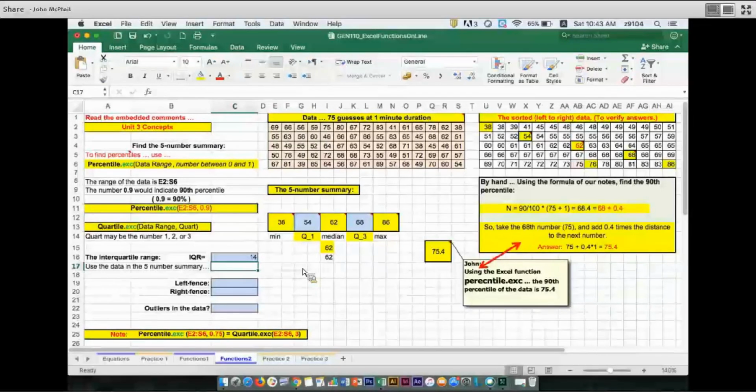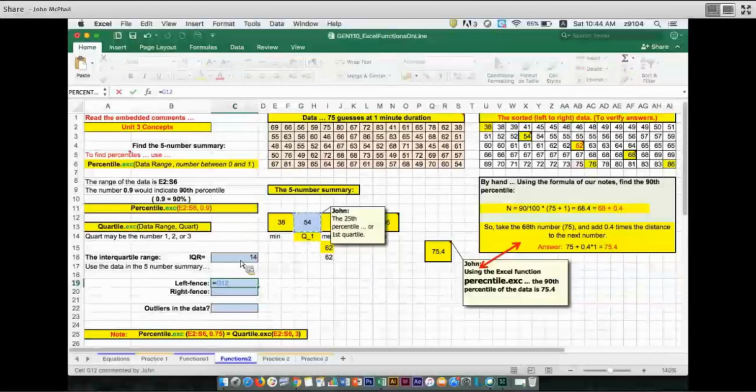The left-hand whisker starts at the first quartile and can go a maximum distance of 1.5 times the interquartile range. The maximum distance brings us to the left-hand fence. The left-hand fence would be the first quartile subtract 1.5 times, and we can click on the interquartile range.